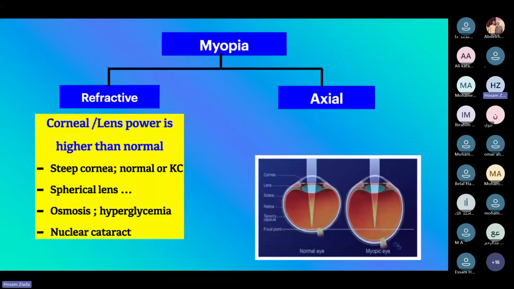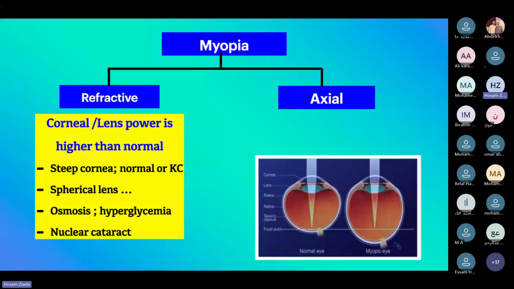So I use a concave lens in glasses or contact lenses, or flatten the cornea to make it less curved by laser ablation in LASIK surgery, or finally remove the high power lens and implant another lens to correct the myopia.